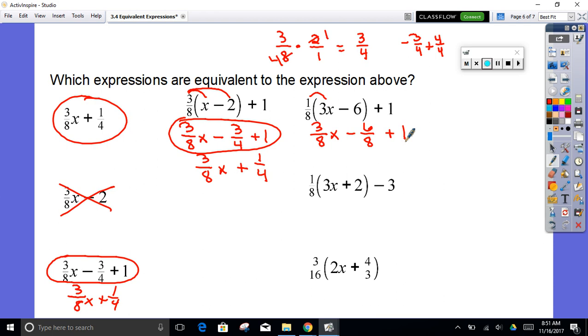And then I subtracted 6/8 from 1, okay, to get 2/8, and that reduces to 1/4, which would get 3/8 x minus 1/4. And then plus 1/4. Good. So this 2/8, I'm just going to cross it off because I'm out of room, does reduce to 1/4, which is the same thing that we got before. So this one would be an equivalent expression.